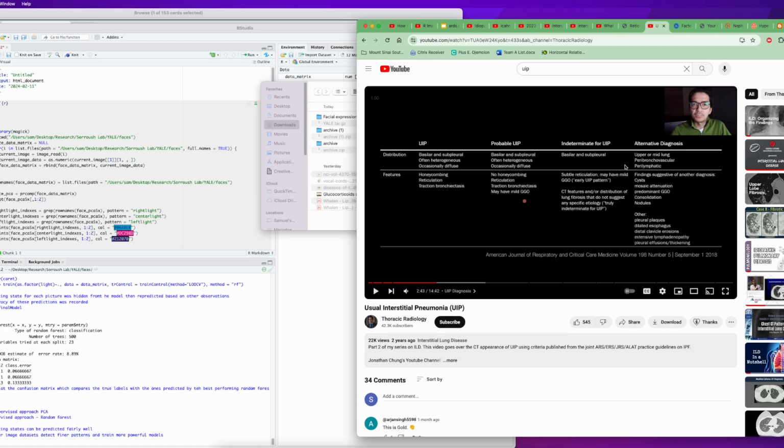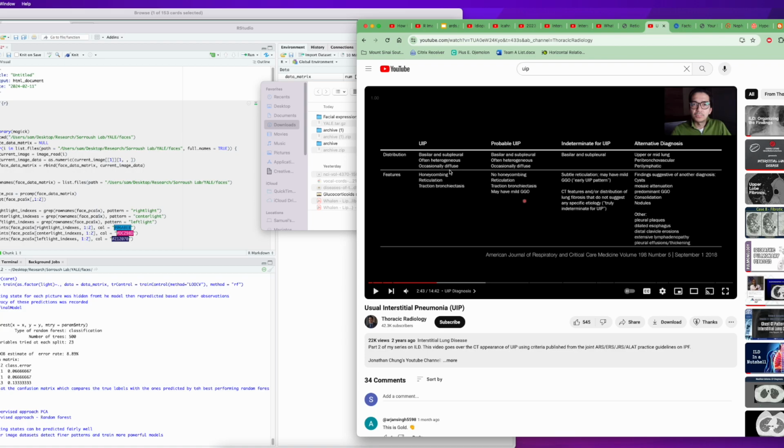One thing it's going to have to learn is that there's an importance to this apical basilar gradient. UIP is a disease that pretty much affects the lower and peripheral areas more. So basilar is the lower areas, and then the subpleural is going to be the peripheral areas.